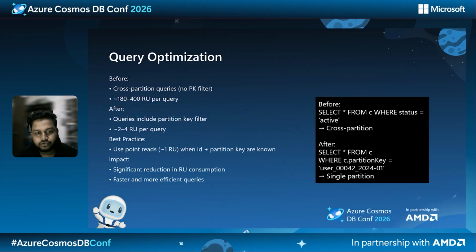So this reduced the query cost significantly, down to around 2 to 4 RU. In cases where both the document ID and partition key were known, we used point reads, which cost around 1 RU. This change alone had a major impact on both performance and RU efficiency.